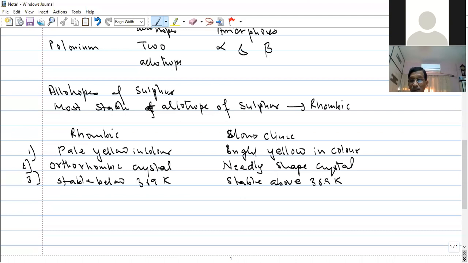That means below 369, all sulfur will be in the form of rhombic sulfur, and above 369, it is in the monoclinic form. Fourth, the density of rhombic sulfur is a little higher, it is 2.069, and monoclinic is 1.989.